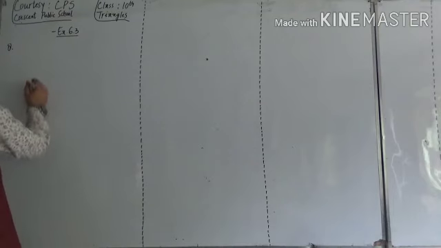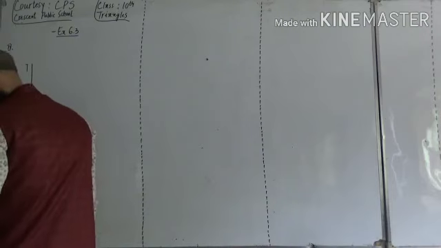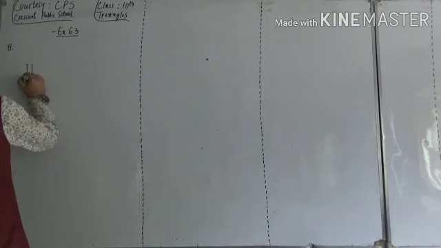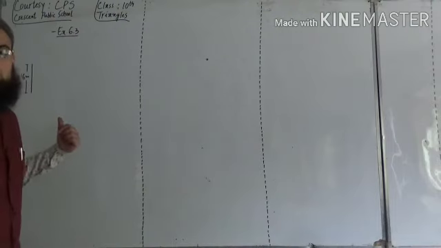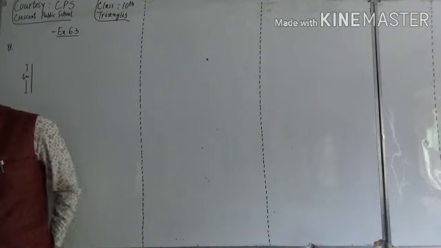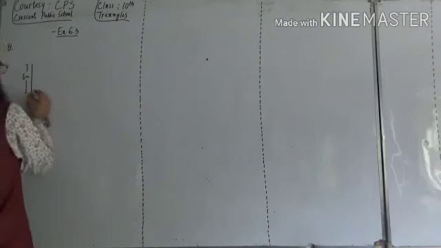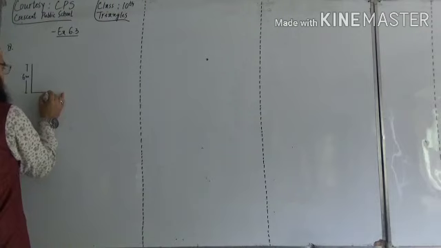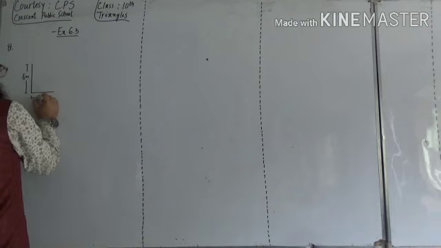We have a vertical pole just like this of length 6 meters casts a shadow 4 meters long. This pole casts a shadow. Now the shadow we show on the ground like this. This is 4 meters long.